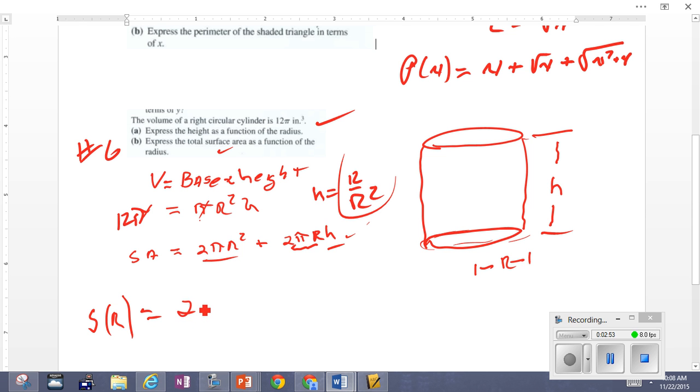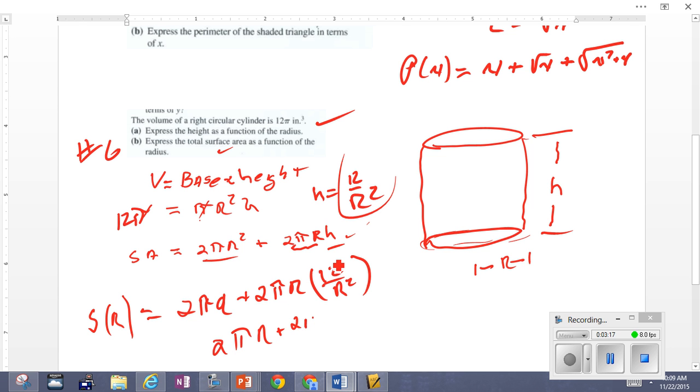So it's 2 pi r squared plus 2 pi r times effectively 12 over r squared. So we clean that up, it gets 2 pi r squared plus 2 pi.